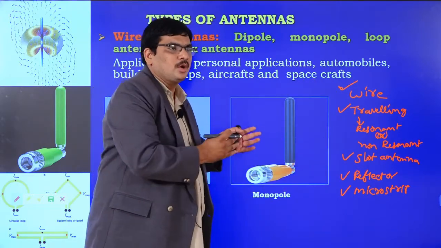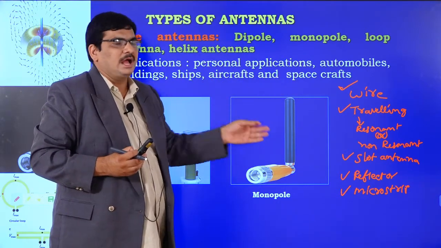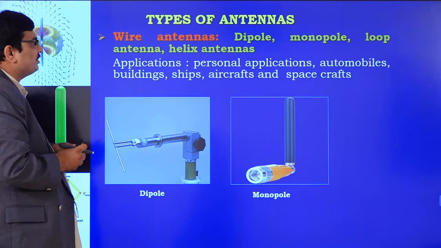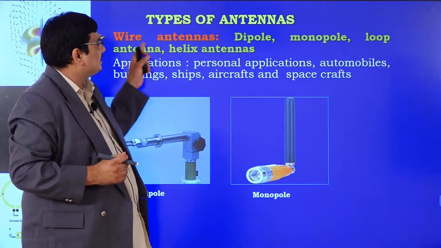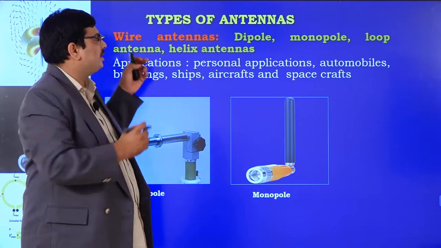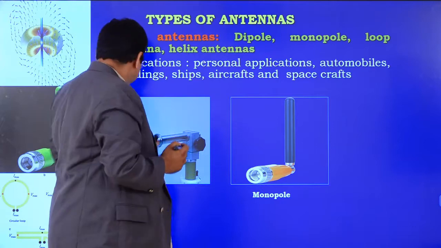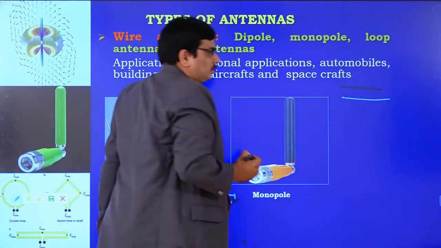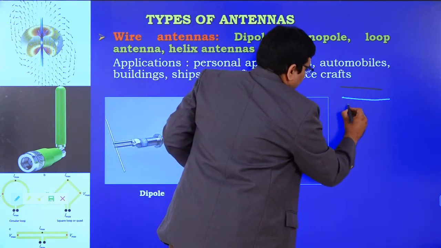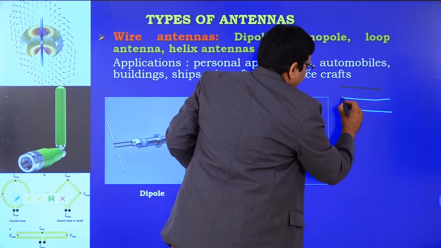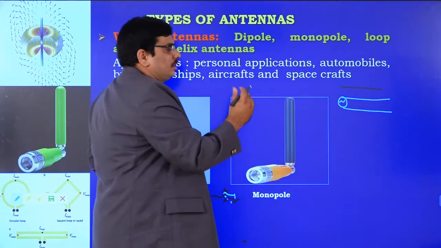So in this class we are going to study different types of antennas and where they are used. The first antenna is the wire antenna. Why do we use the wire antenna? A wire is a simple wire. When we give some excitation to this wire, only then will it radiate.